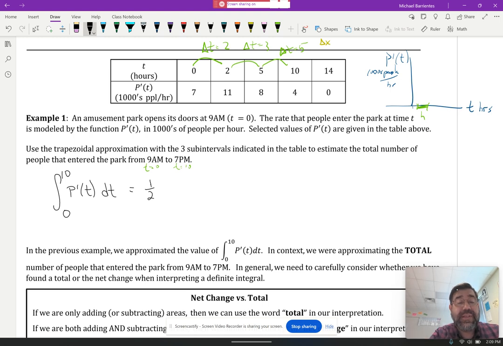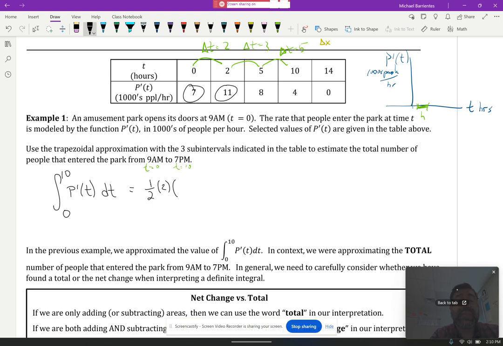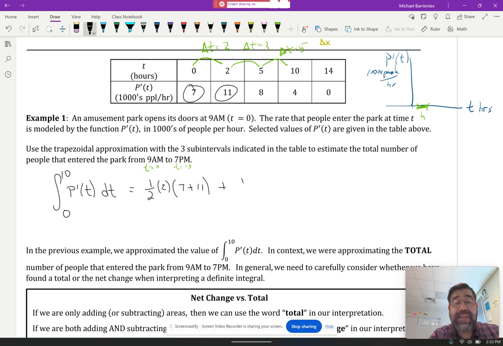Well, the height is a delta t times base 1 plus base 2. So 7 plus 11. Plus, I could also do it the other way and say, let's average the next bases. The next bases would be this times the height, which would be 3.